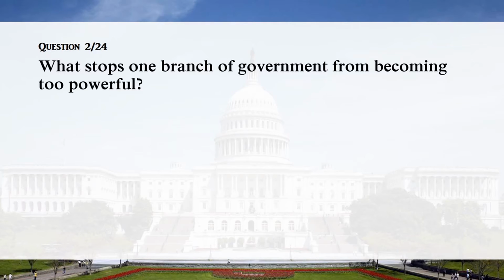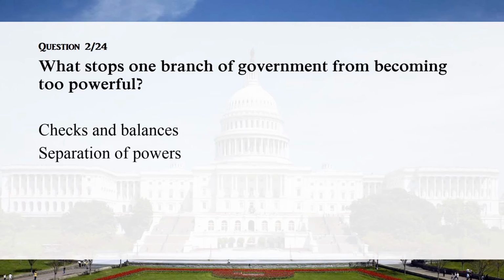What stops one branch of government from becoming too powerful? Checks and balances. You may also answer separation of powers.